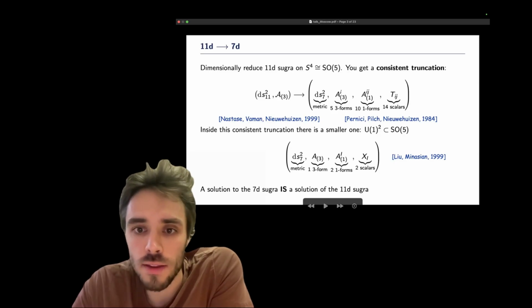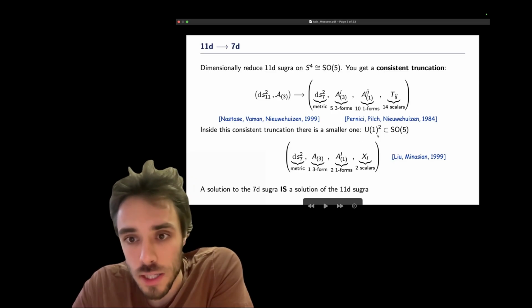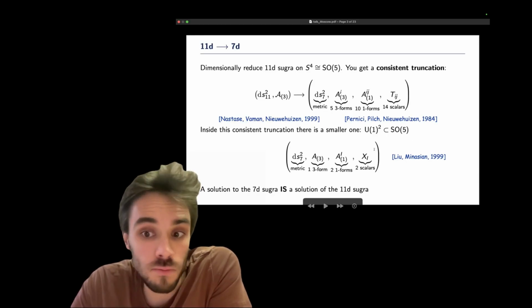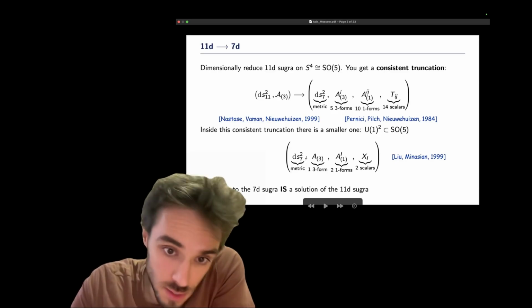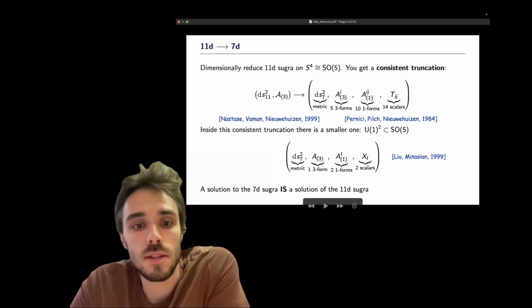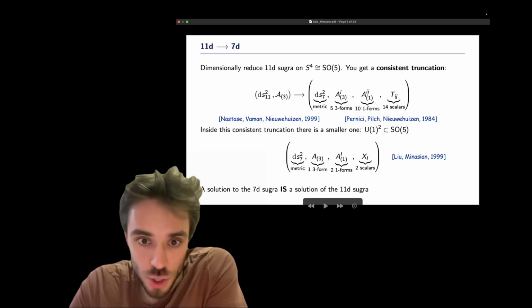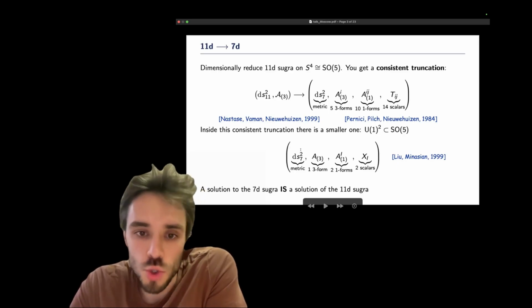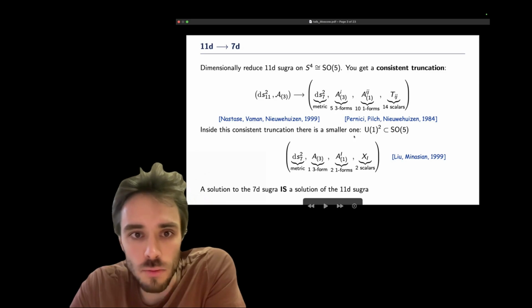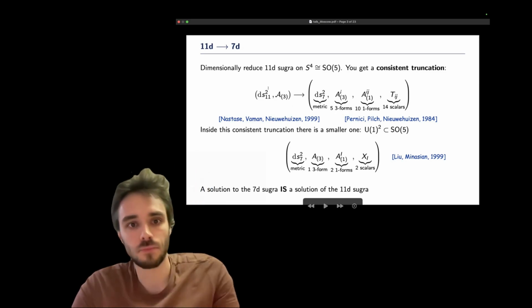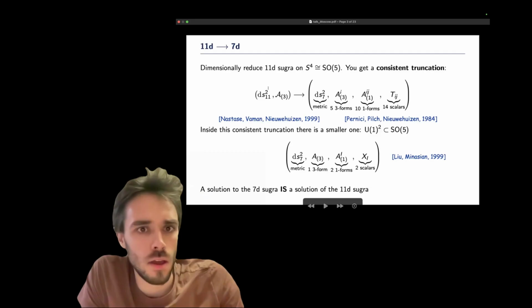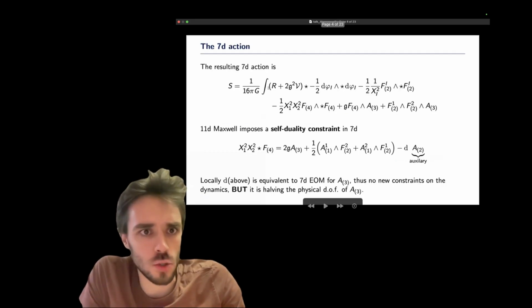So you isolate the U(1)^2 R-symmetry in the SO(5). And this simpler 7D supergravity is also a consistent truncation, meaning that any solution that we find right here is automatically a solution here. Okay, so that's the story.